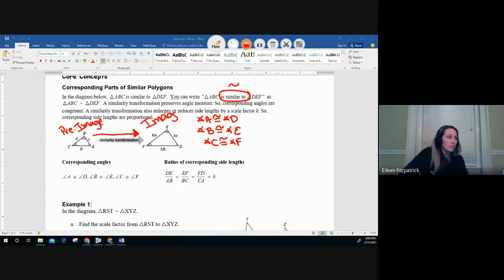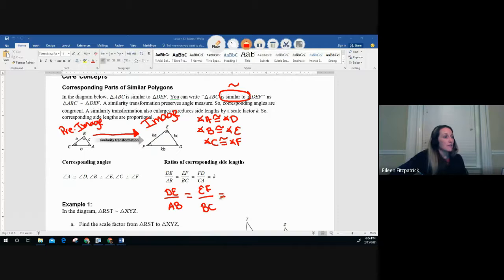So if I want to know what the scale factor is, I start with the new first and write it as DE, this length right here, to AB. If I set up that ratio, that'll give me my scale factor. And that ratio is going to be the same as EF to BC.